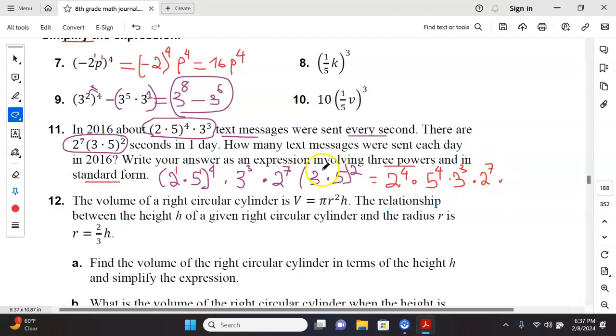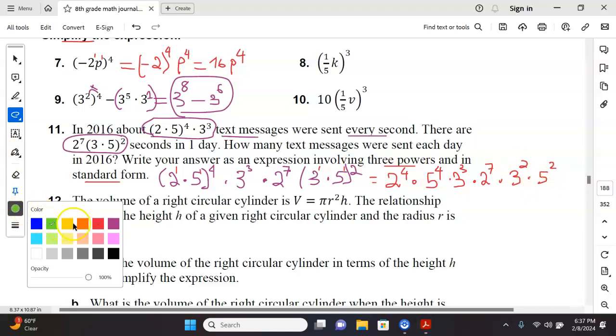Put a 1 on the exponent of the 3 and a 1 on the exponent of the 5. 3 to the 1st raised to the 2nd gives me 3 to the 2nd, times 5 to the 1st raised to the 2nd power, that gives me 5 to the 2nd power.